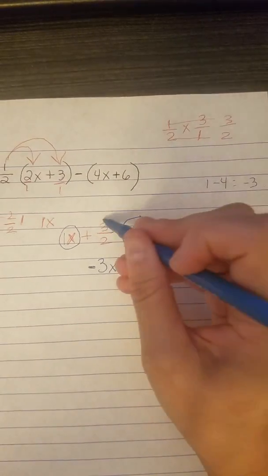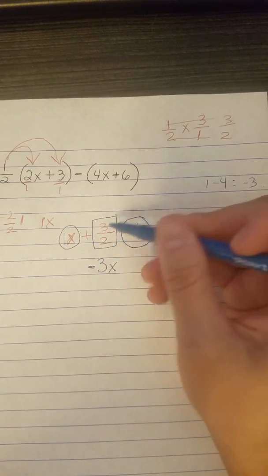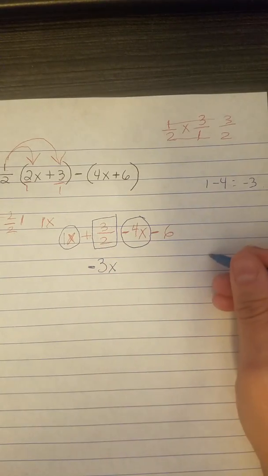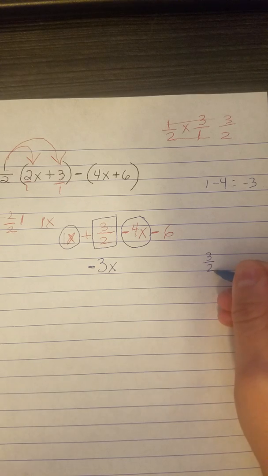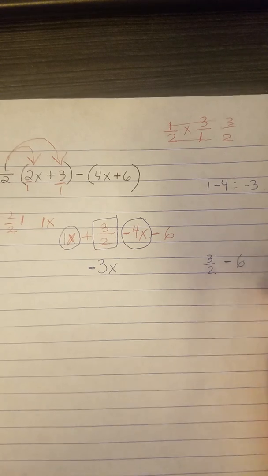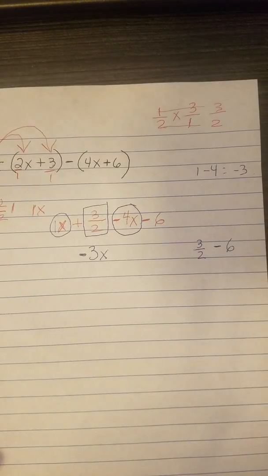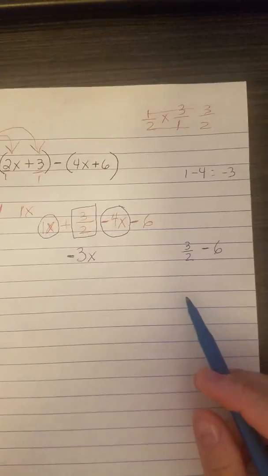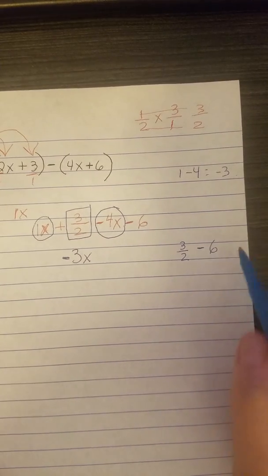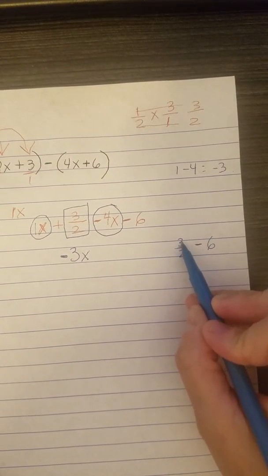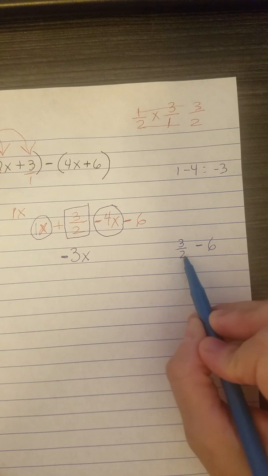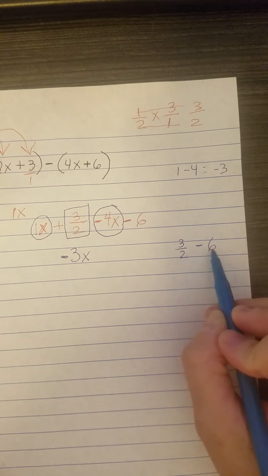Okay, now I'm going to grab these. 3 over 2, okay, so positive 3 over 2 minus 6. Okay, now you're going to be like, whoa, Miss Lorenzo, what's happening here? Well, let's look at this. This one is going to be a little more complex, so pay attention. So you have 3/2 minus 6.